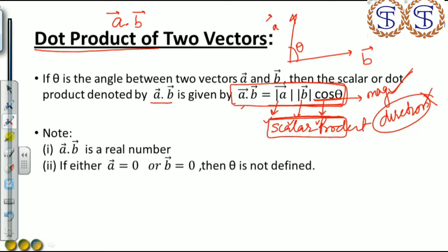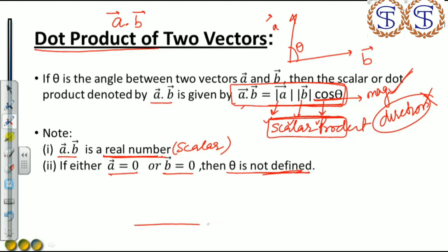And note one thing, that A dot B is a real number. Why is it a real number? Because it is a scalar. A dot B is a scalar quantity, that's why it has only real values. And if either A or B is 0, then theta is not defined. How can we say that theta is not defined?